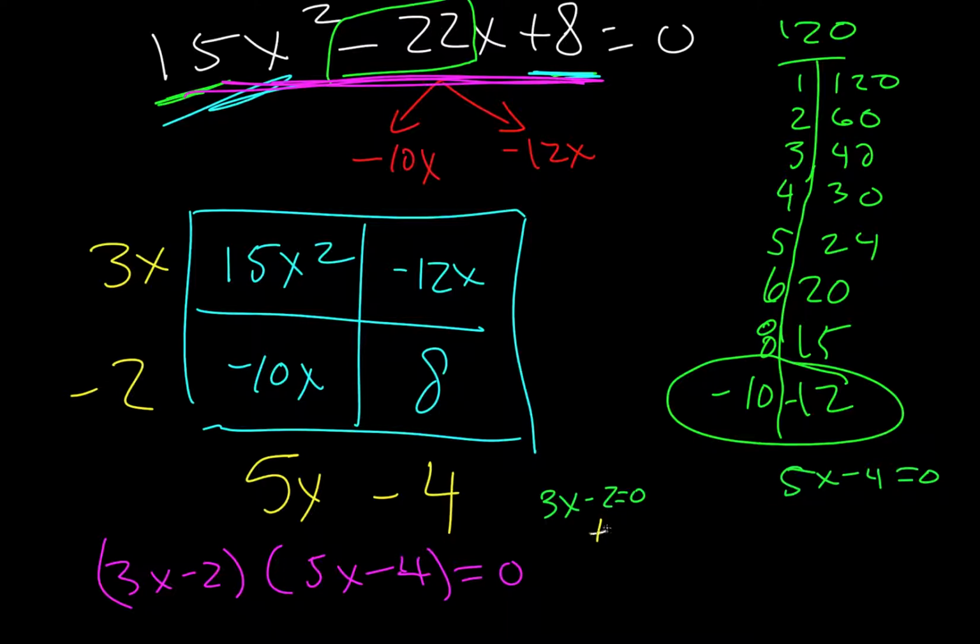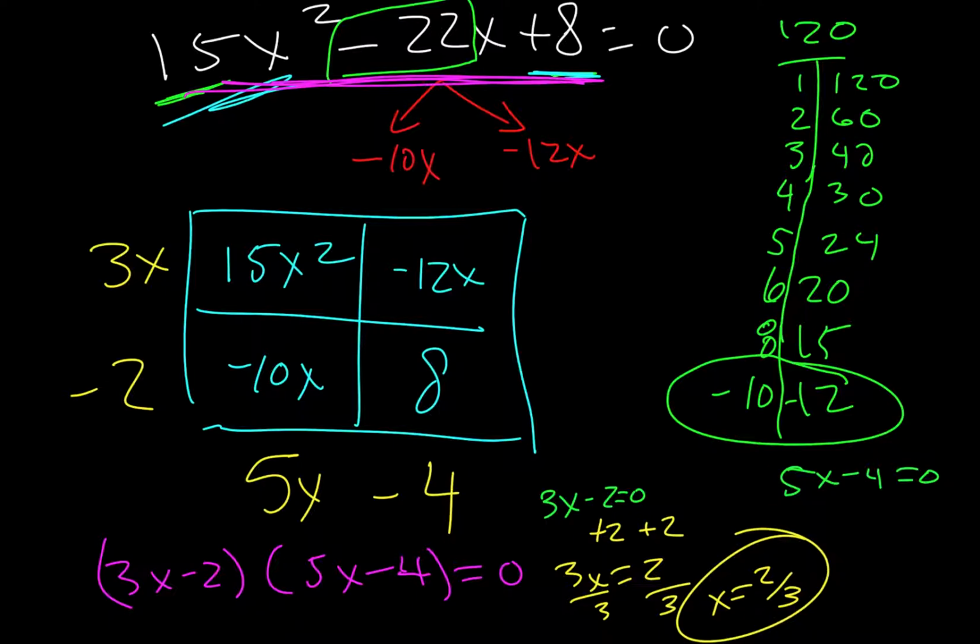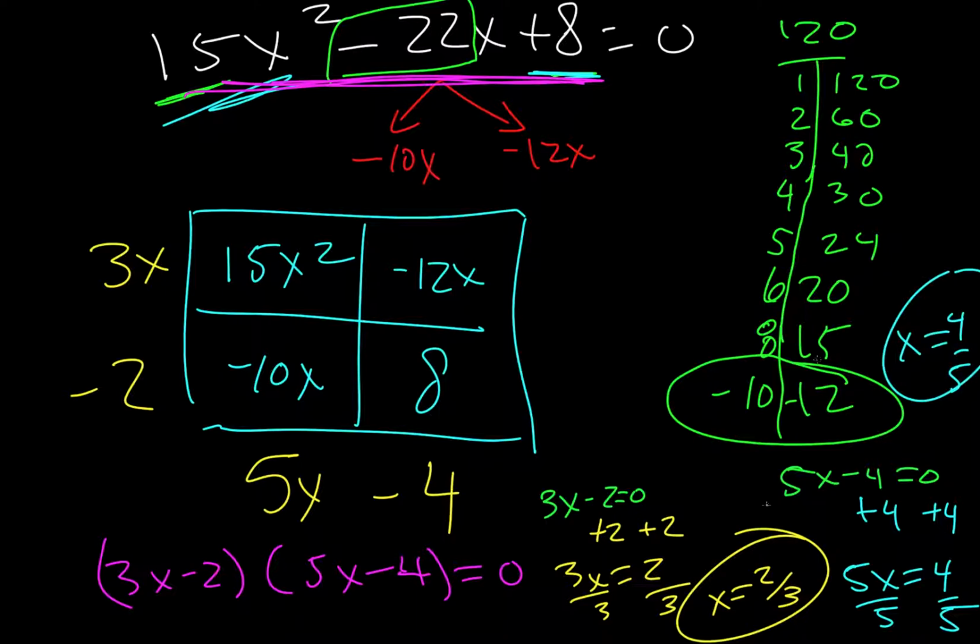Okay, we add 2 to both sides. 3x equals 2. Divide by 3, divide by 3. x equals 2/3. Over here, we're going to add 4 to both sides. 5x equals 4. Divide by 5, divide by 5. So x equals 4/5. And those are the two answers to that.